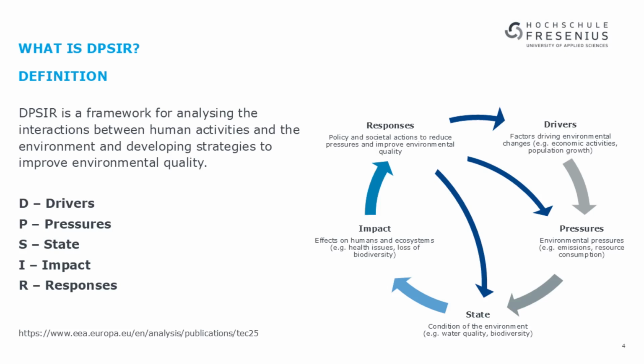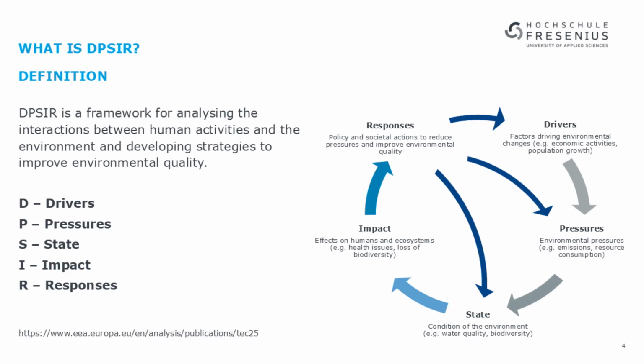Drivers. Those are factors driving the environmental changes, for example, population growth or tourism. These can cause pressures on the environment, so, for example, pollution. The pressures have an effect on the state of the environment. This can be water quality or air quality.